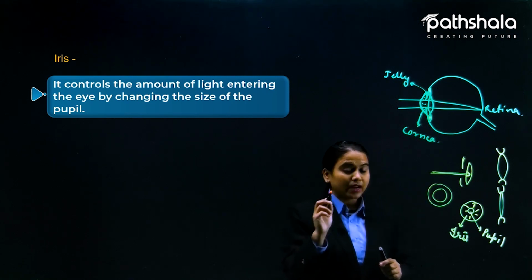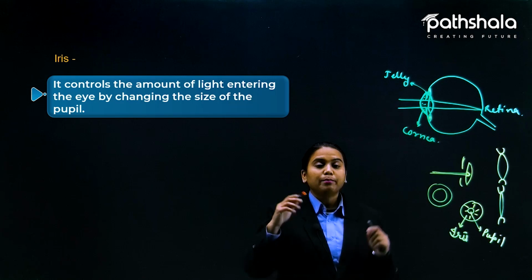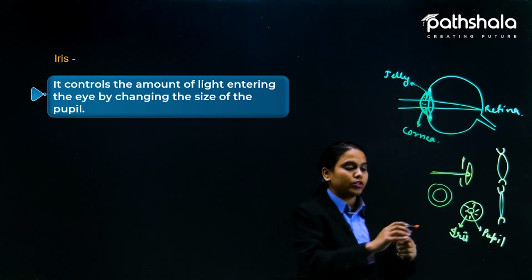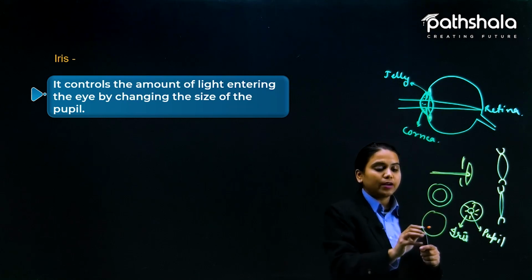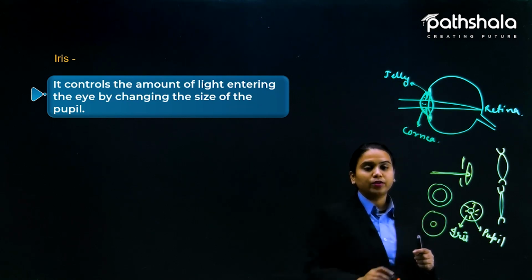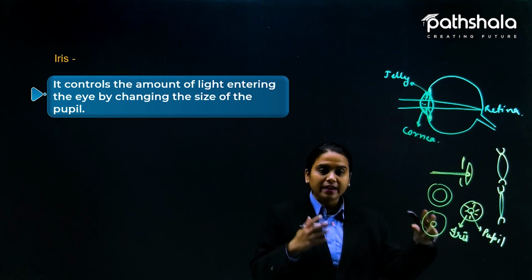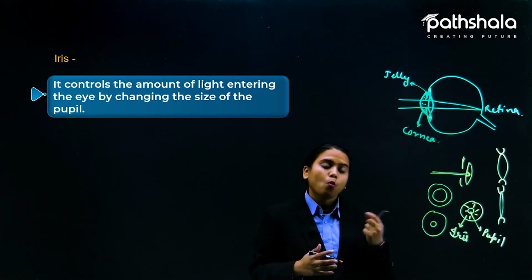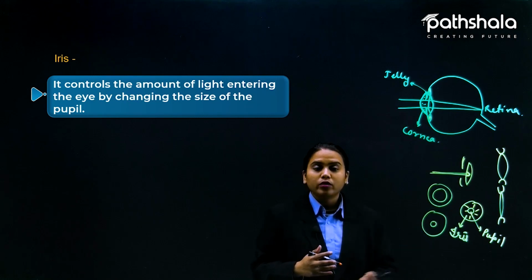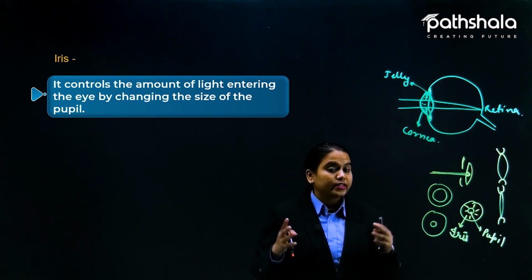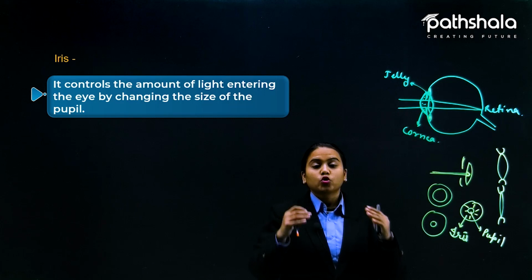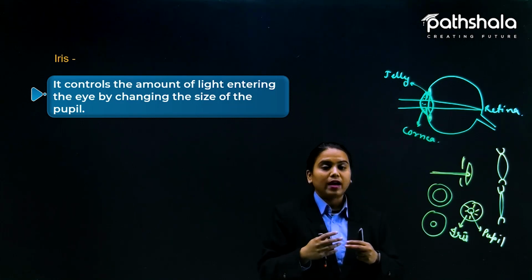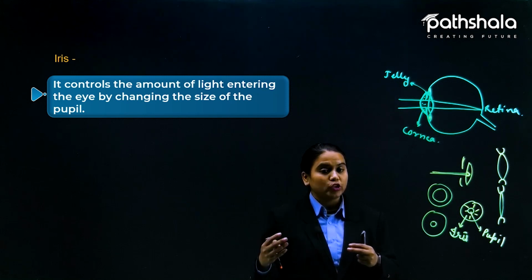But when you are standing on a bright sunny day or at an outside place where the sunlight is visible, the iris is going to increase its size, but the pupil hole is going to reduce. Why? So that only a little amount of light could enter, because there is a lot of light outside, and a lot of light could not enter into the eye, otherwise the eye may get damaged.